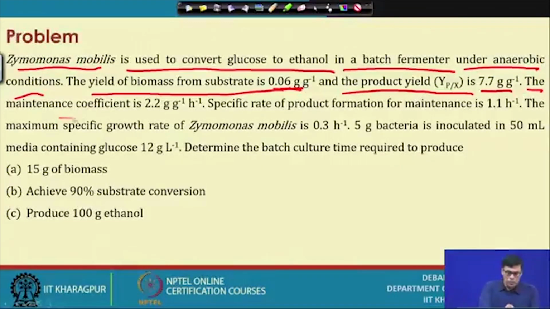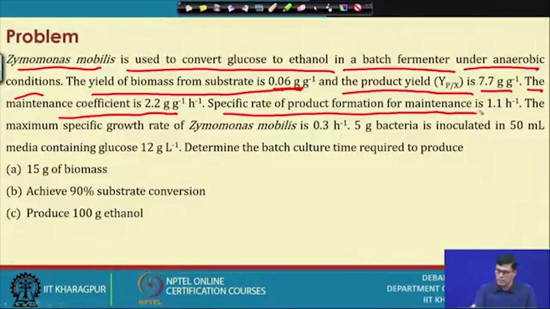The maintenance coefficient is 2.2 gram per gram per hour, and the specific rate of product formation for maintenance is 1.1 per hour.